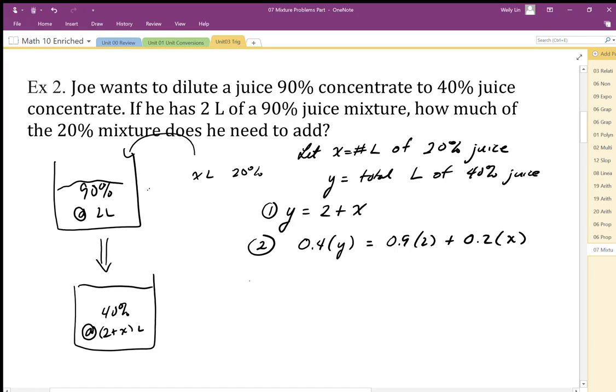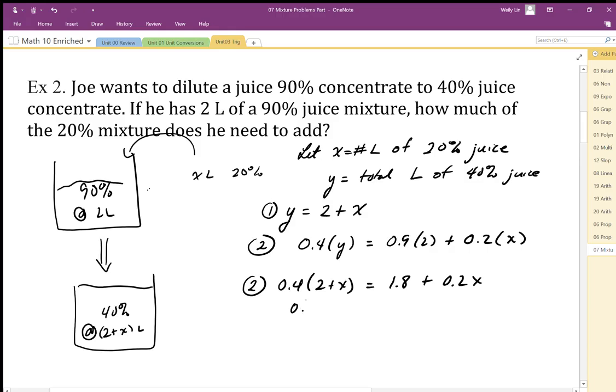So solving this, since y equals 2 plus x, we'll do a substitution for y. So we end up with 0.4 times (2 plus x) is equal to 0.9 times 2, which we'll make into 1.8, so this is the amount of juice in the 90%, plus 0.2x. Okay, and then we can solve this equation for x.